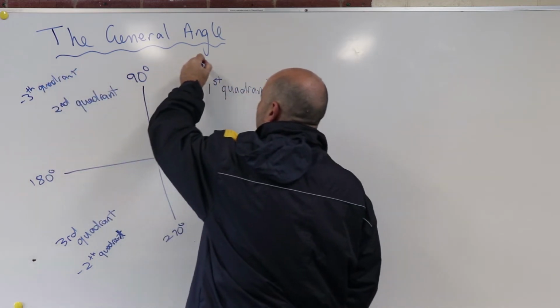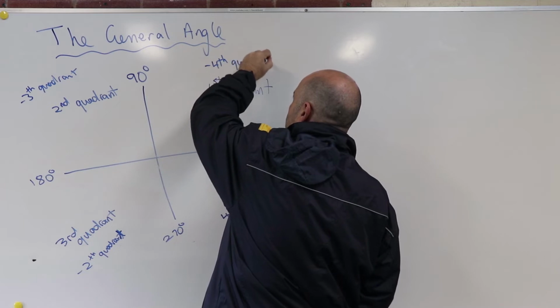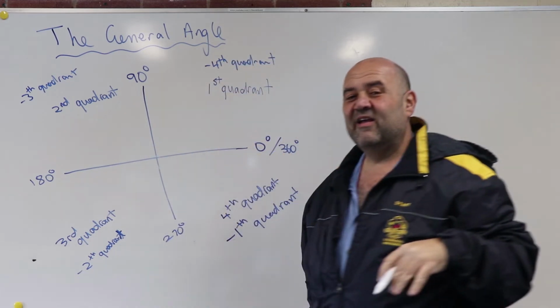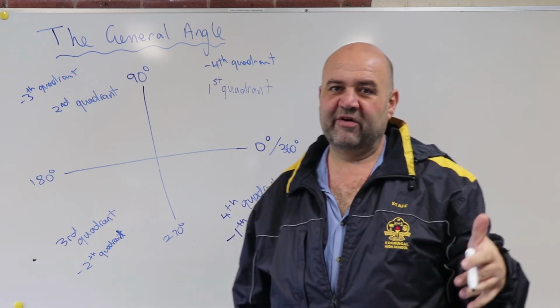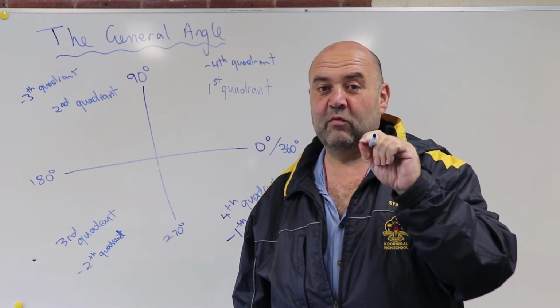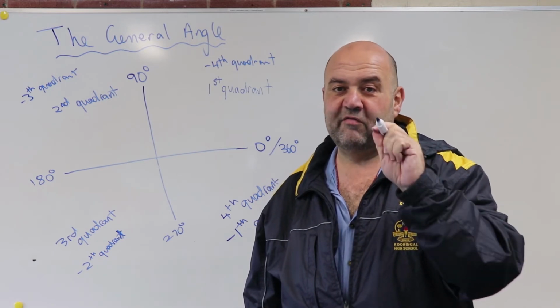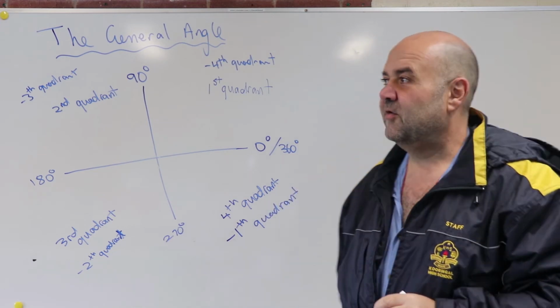And that's the -4th quadrant. Okay. That's not going to come up an awful lot, that -1th, -2th, -3rd, it's not going to come up a heck of a lot, but it's going to come up, and when it does, you're going to be very, very, very grateful that you've seen this idea now. Okay.